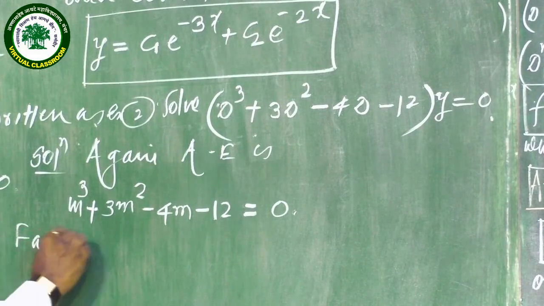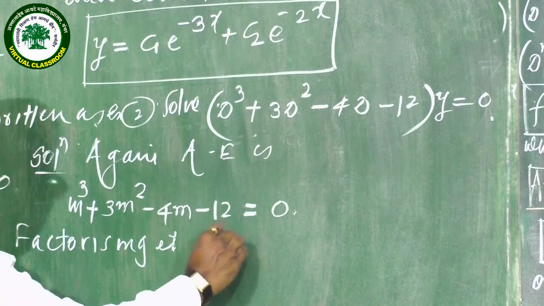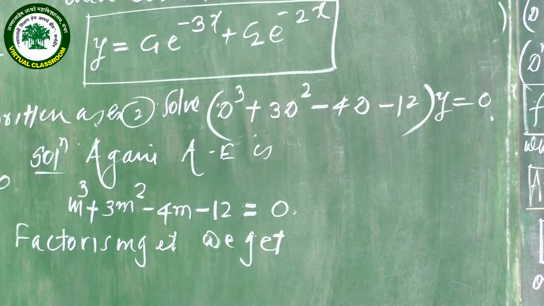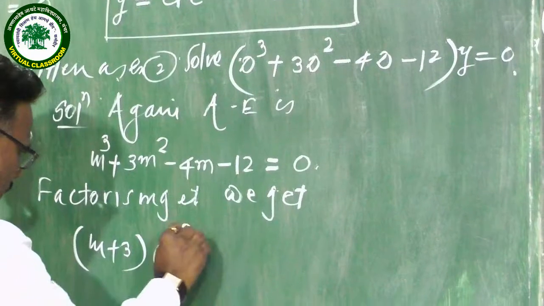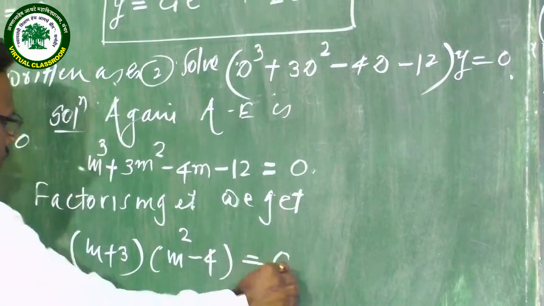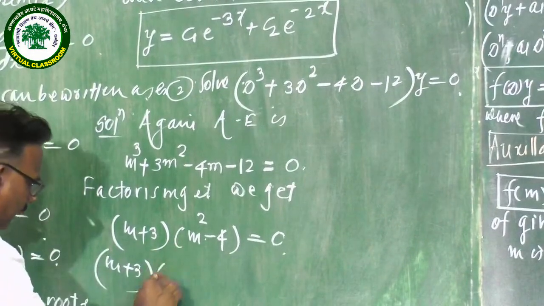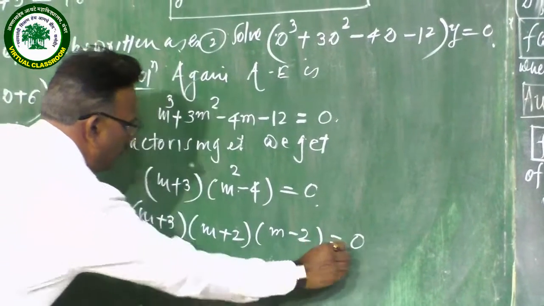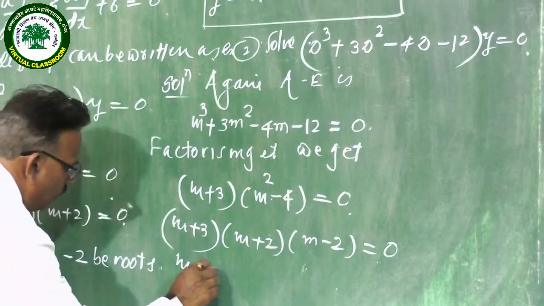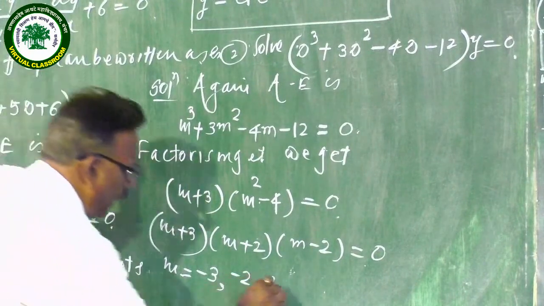Factorizing it, we get m plus 3 and m square minus 4, which is equal to 0. Therefore, m square minus 4 will be factorized as m plus 2 and m minus 2, which is equal to 0. Therefore, m is equal to minus 3, minus 2 and 2.